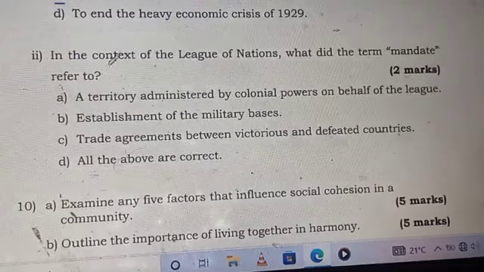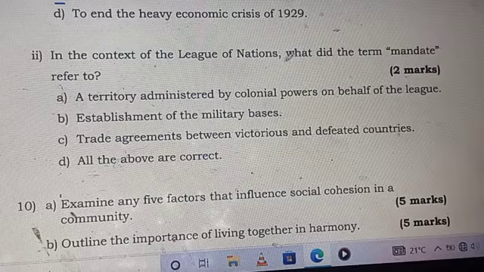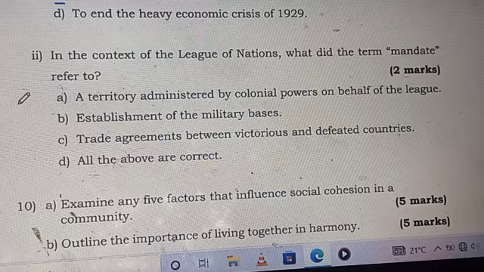I2. In the context of the League of Nations, what did the term mandate refer to?